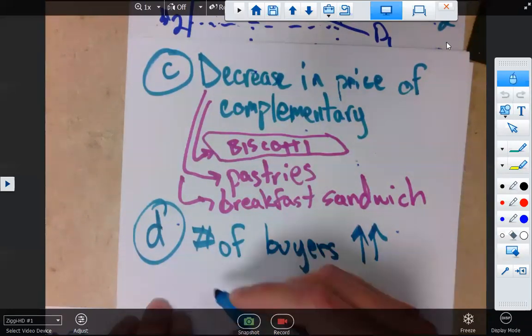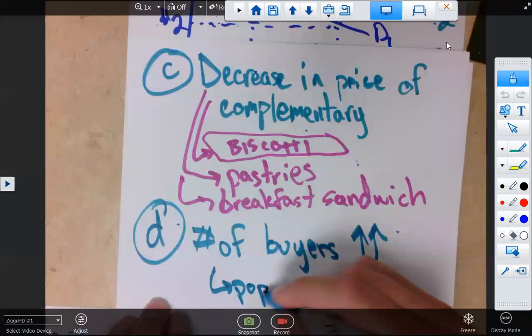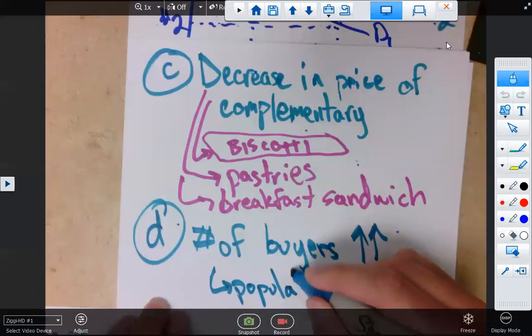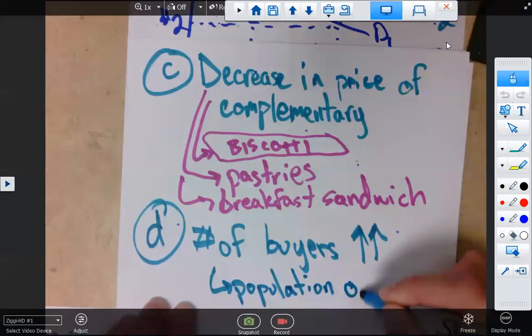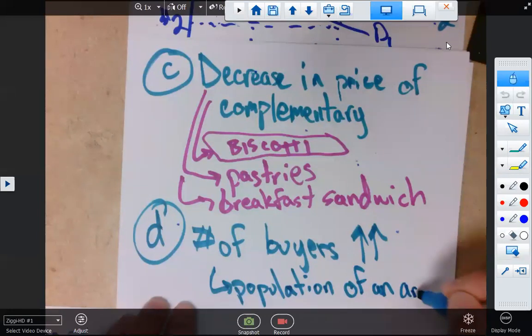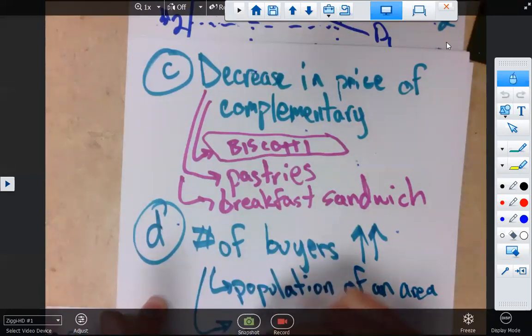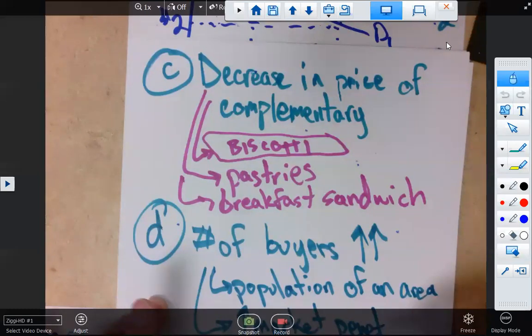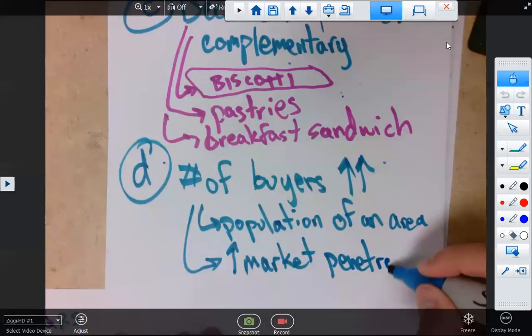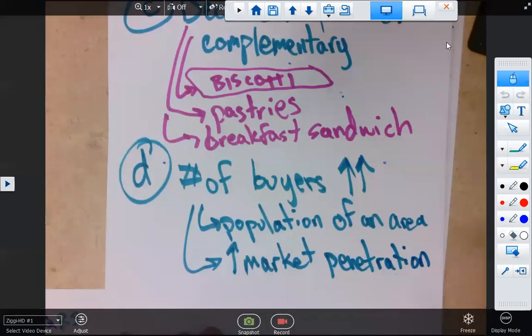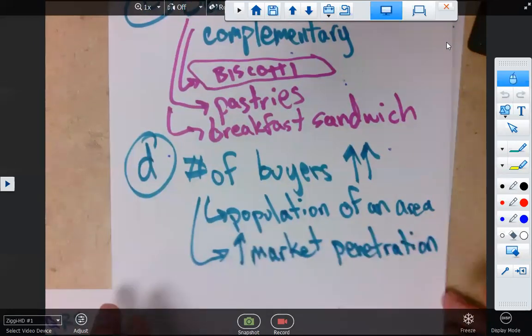So this could be the population of an area, or it could be an increase in what we call the market penetration by a particular market.